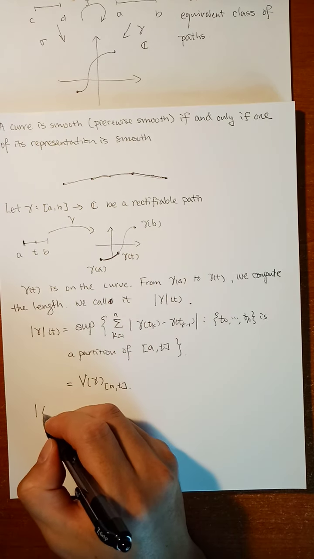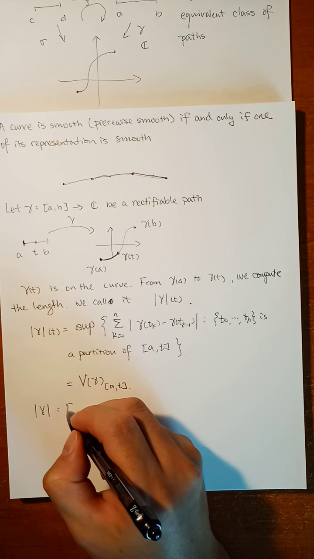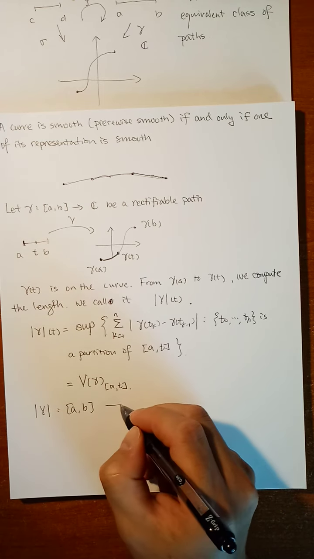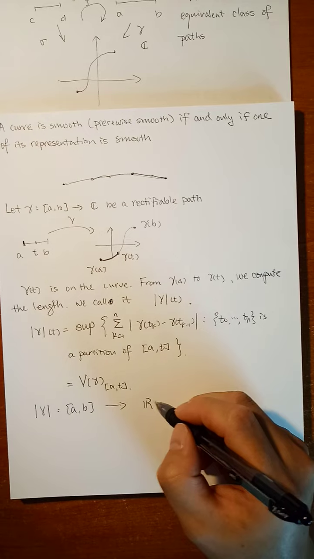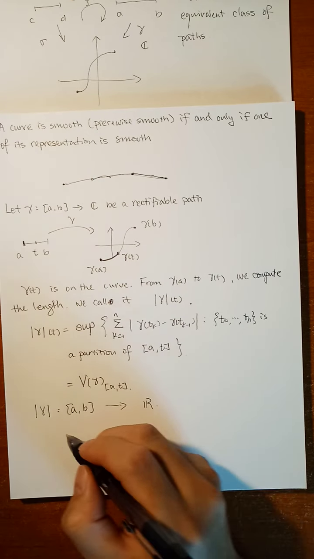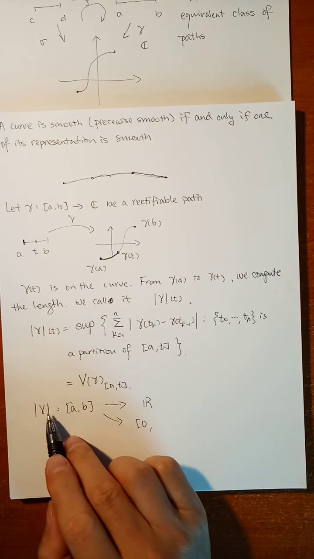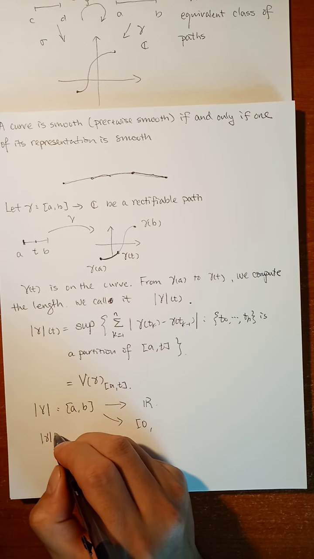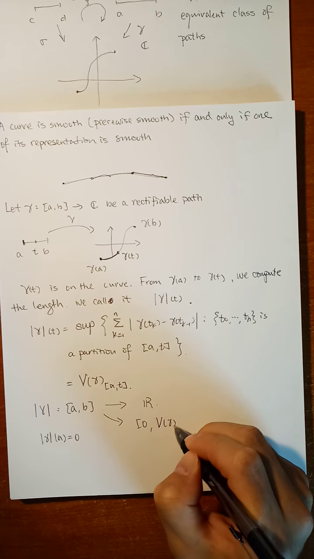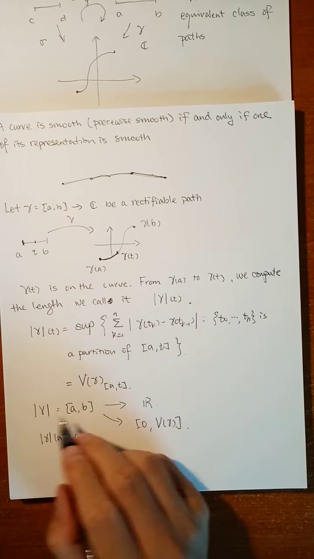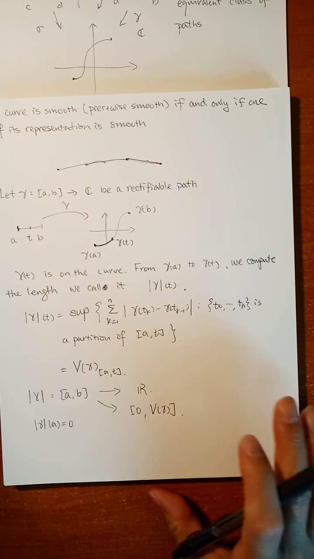So the absolute value of gamma has domain [a, b]. It is mapped into the real numbers, and actually into the closed interval from 0, since the absolute value of gamma at A is 0, to the total variation of gamma along [a, b].